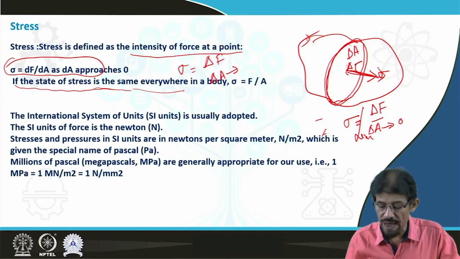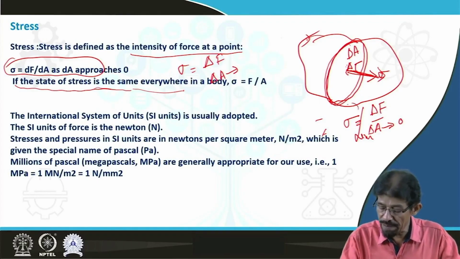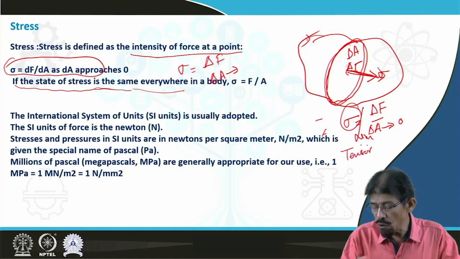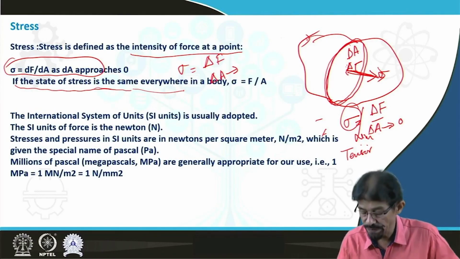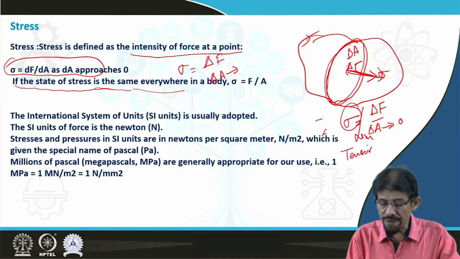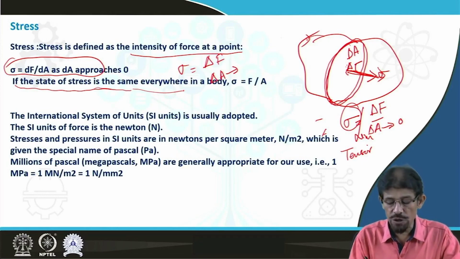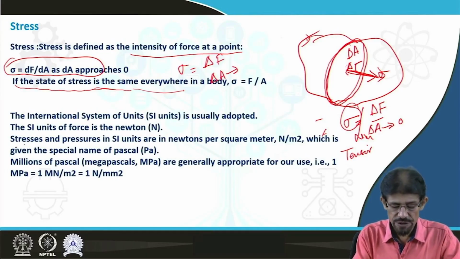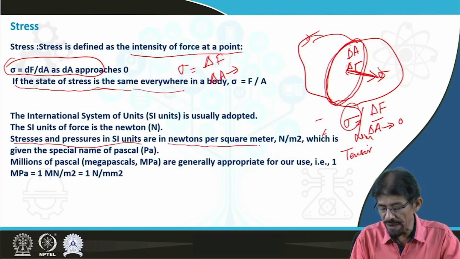Therefore, in mathematics people recognize it as a tensor, more than a one order vector. If we look at the units utilized for measuring stress, then stress and pressure in SI units are recognized as Newton per square meter, or N/m squared in short.